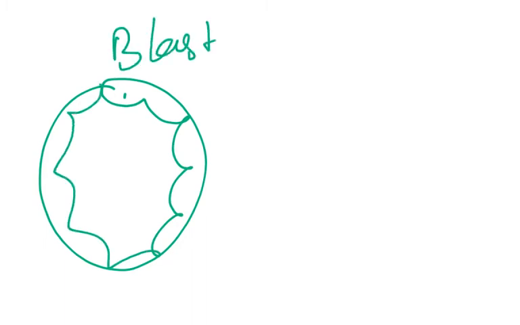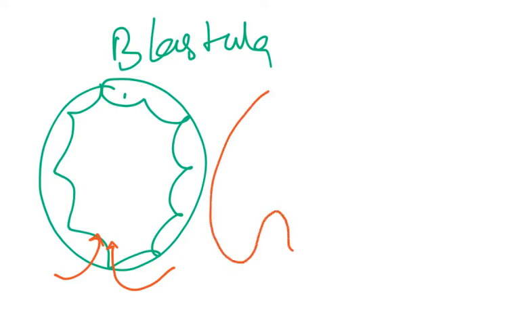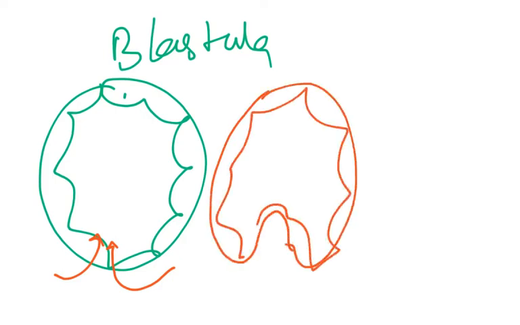From the morula, a stage called blastula is formed. In the blastula, cells are getting invaginated. Invagination means the cells go inside, like a fold from one side.